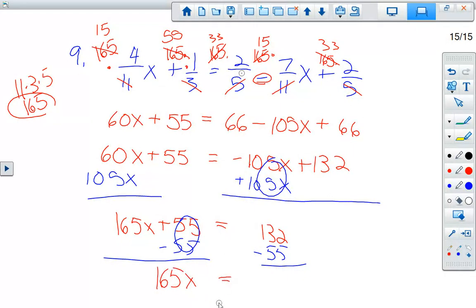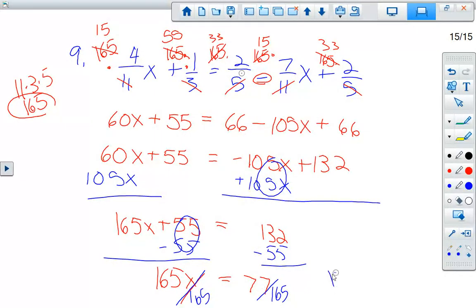What's 132 take away 55? 77. Really strange. All right, and then how do we finish this? Divide. Any time this happens to me, and I get a fraction, I get concerned that I went wrong somewhere. So I usually go back and just verify everything.